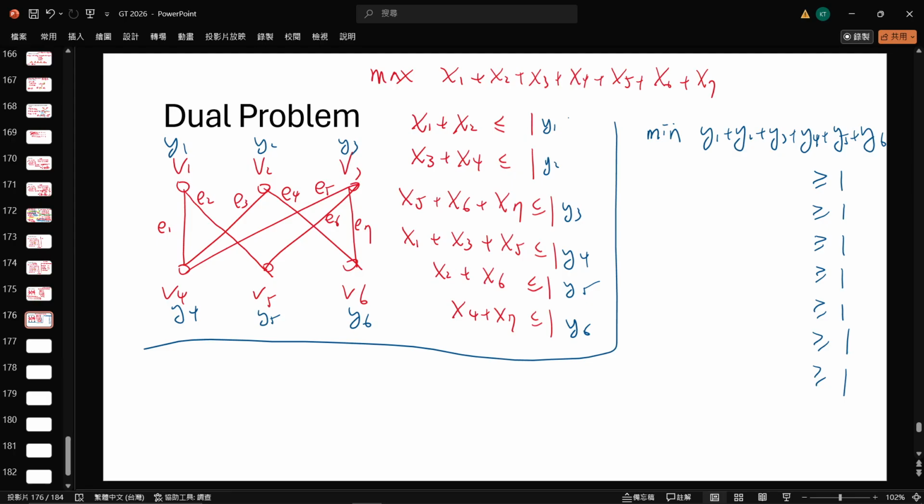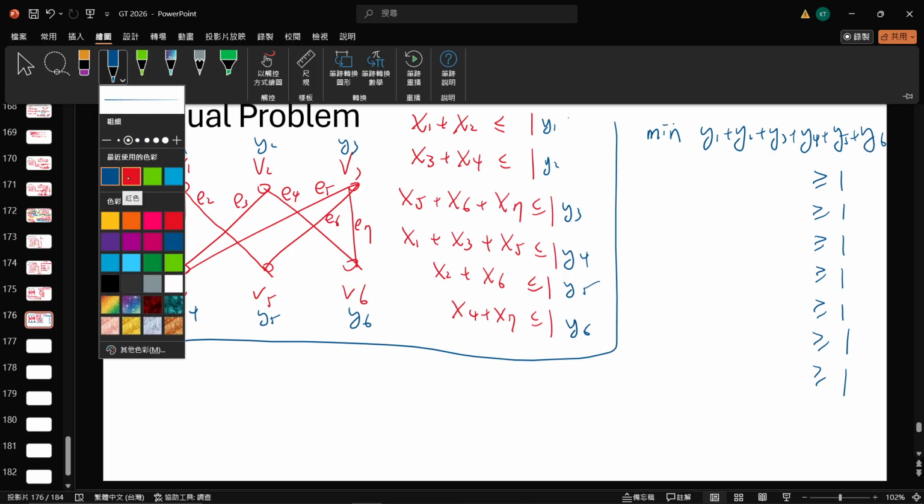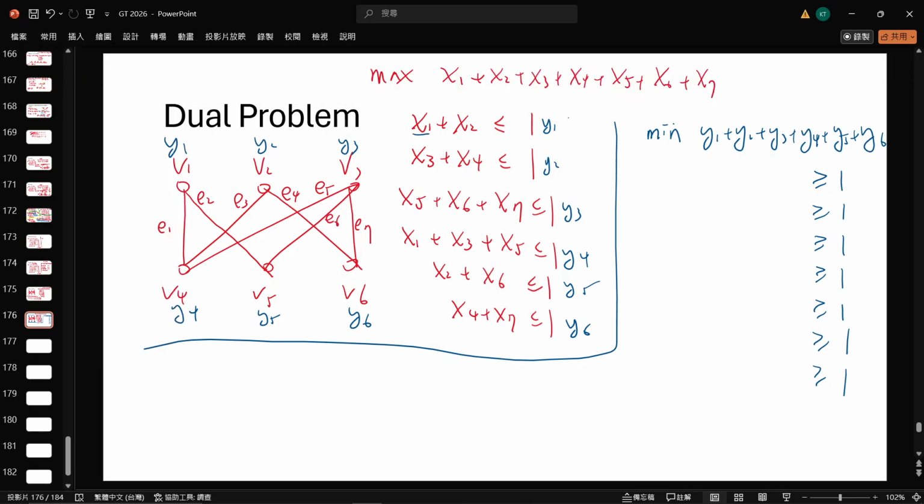So the coefficient of x1. Let's highlight x1 in the constraints. x1 appears in the first and the fourth. So these are the two constraints where x1 appears. What's the coefficient in the weighted combination?